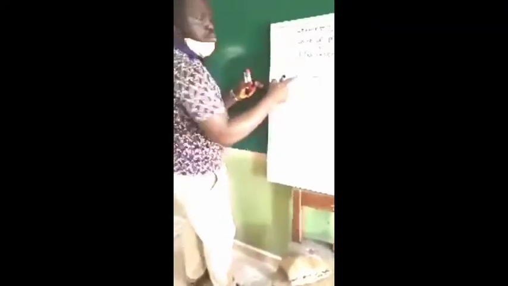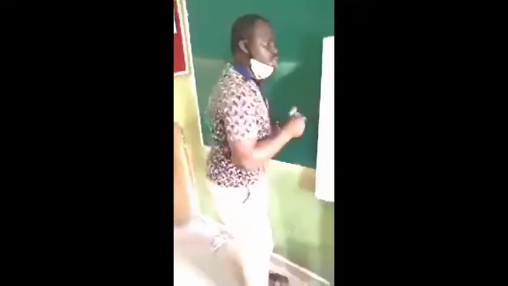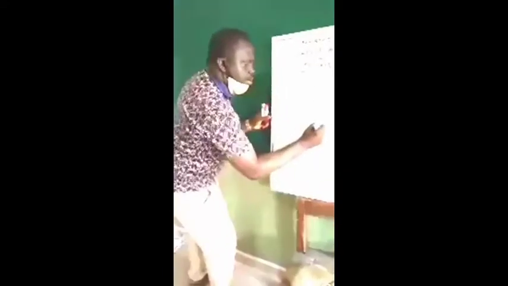So let's quickly find out here. We want to know the number of bonds, the number of lone pair, and the number of bond pair. The bond pair is the one that takes part in the bonding. That's why it's called shared pair. While the lone pair is the one that does not take part in the bonding. Okay? Now, so we have this, and then you have something like this.